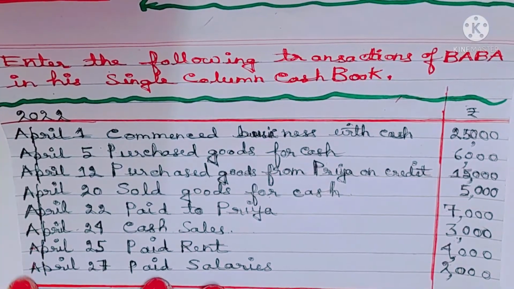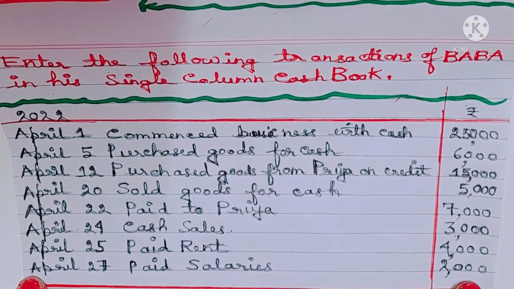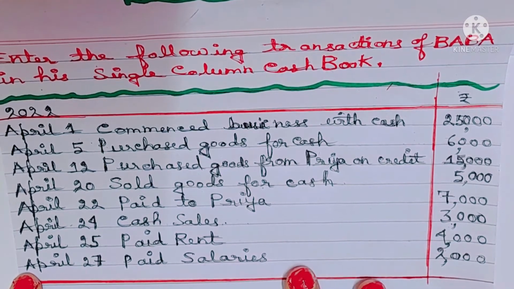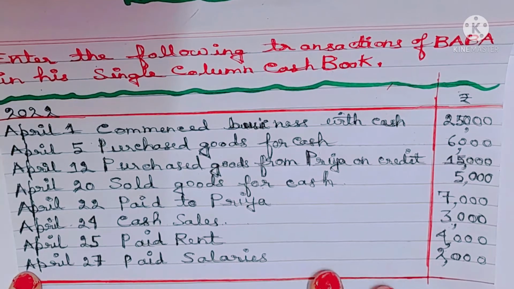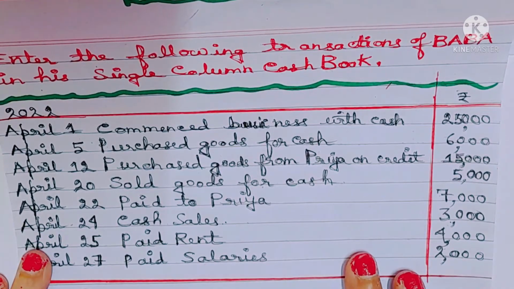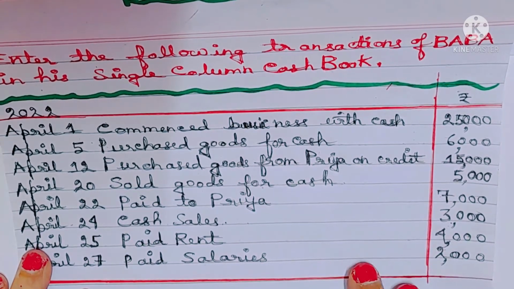The last transaction is on 27th April, paid salaries 2000. So what will be the journal entry? The journal entry will be salaries account debit to cash account. What is the position of cash account? Since cash account is on the credit side, salaries will be also on the credit side. So we'll write on the credit side by salaries account 2000.